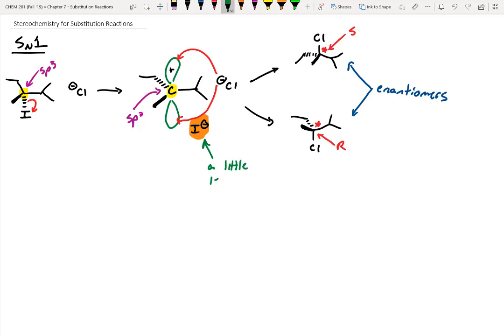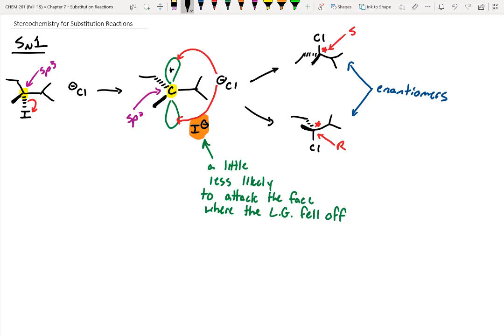So it's a little less likely to attack this face where the leaving group fell off. The leaving group is almost acting as like a blocking group. It's hanging out in space on that side. It's making it harder for that chloride anion to find its way to that p orbital lobe. So it's a little less likely.